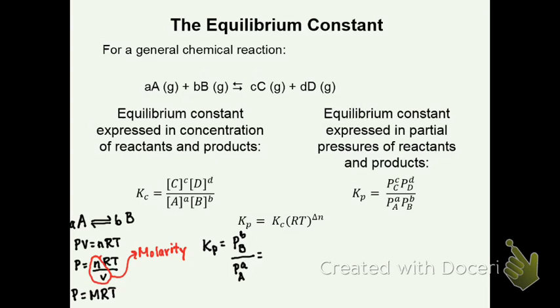And because of the relationship that we just wrote, we know that the partial pressure of B is going to be equal to the concentration of B times RT. And so we can rewrite this as concentration of B times RT, all raised to the power of b. And then the concentration of A times RT raised to the power of a.